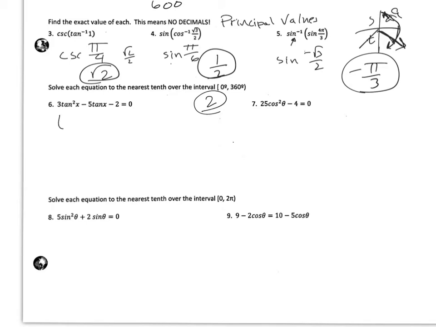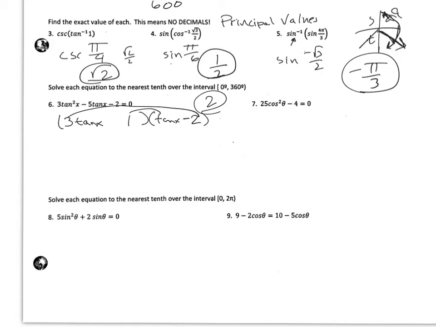This is factoring because we have tangent squared and tangent and a number, and you cannot take out a common factor. So we have 3 tangent of x. Good news is there's only one way to get 2, but you got to get that 5 in the middle. So I'm going to put the 2 out here and the 1 inside. This gives me 6 minus 1.